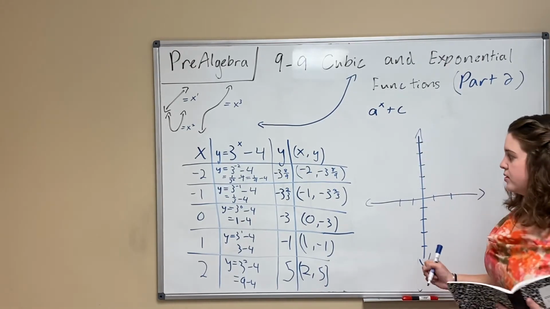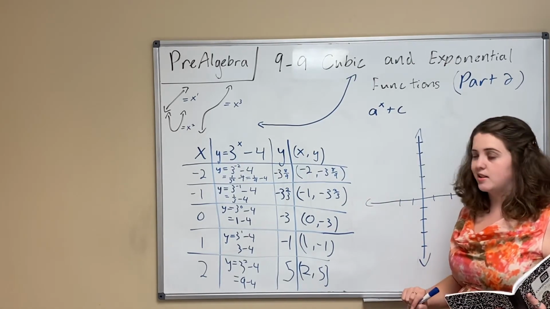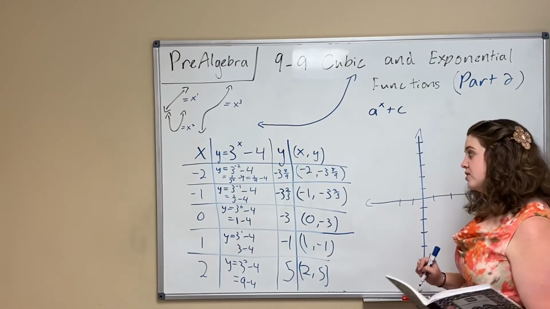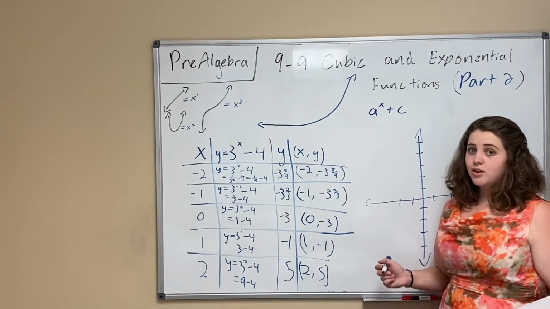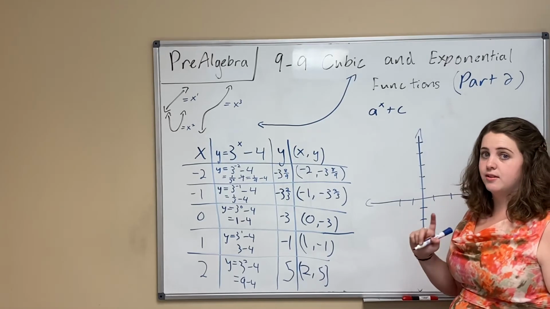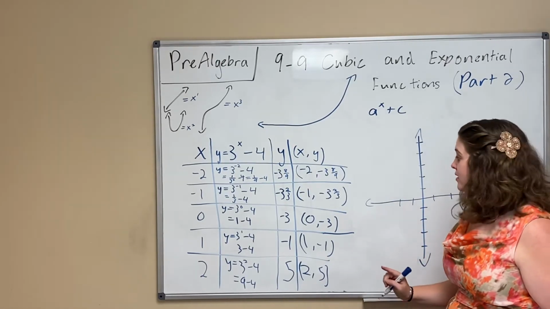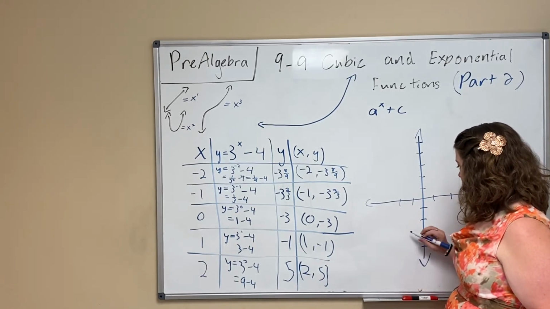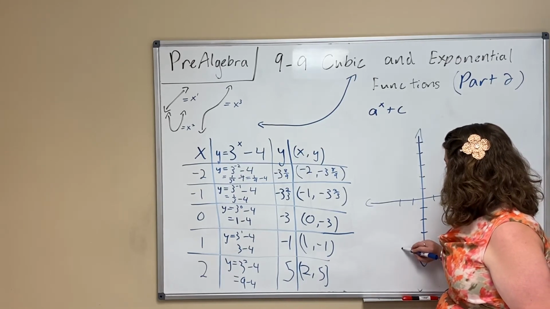Okay, so my first point is -2, -3 and 8/9. So when I look at -3 and 8/9, what I should know about it is that it's very close to -4, but not quite all the way to -4. 8/9 is almost 1, but not quite. So I'm going to go to -2, I'm going to go to -3, and I'm going to go almost to -4, but not quite.